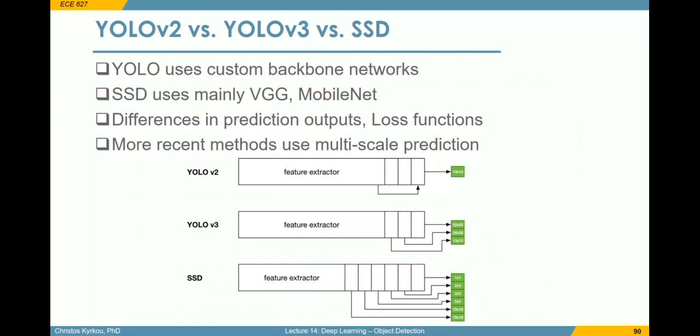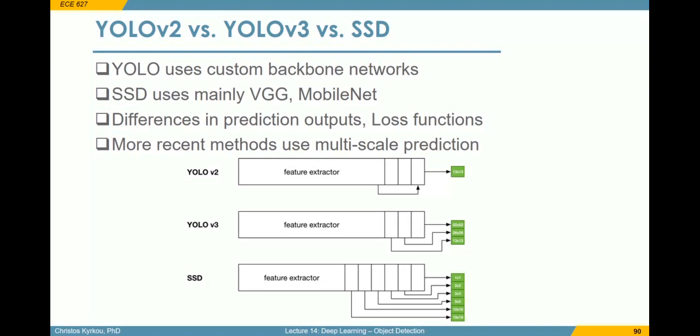So comparing the most prominent single-shot approaches, the main differences, especially between YOLO and SSD, is that we started with YOLO v2 that had a single output, then SSD came in with multi-scale prediction, and then YOLO v3 caught up and also added its own version of this multi-scale prediction.